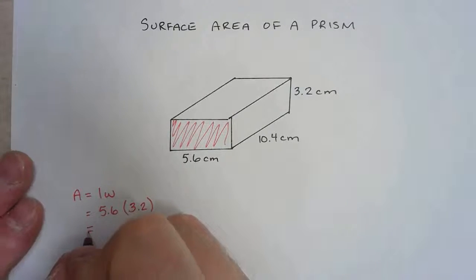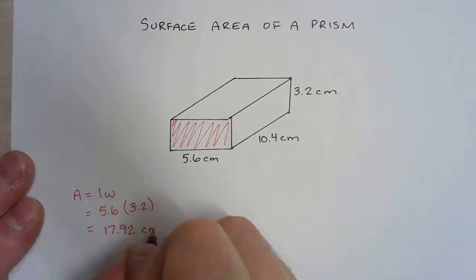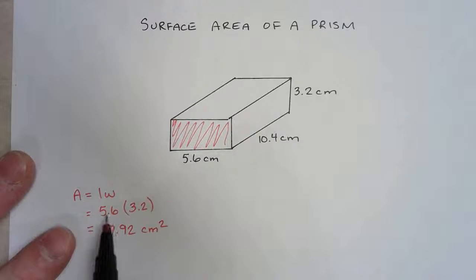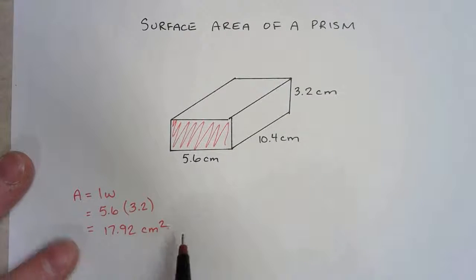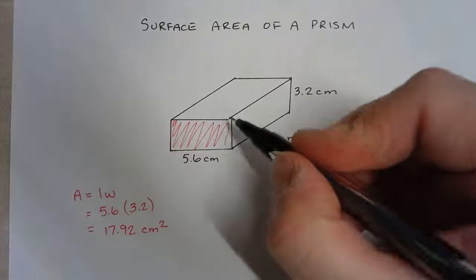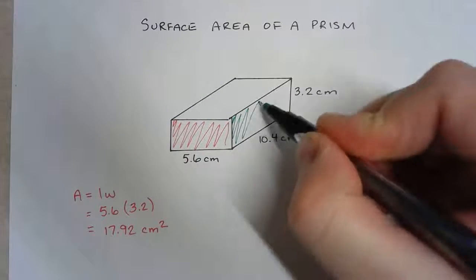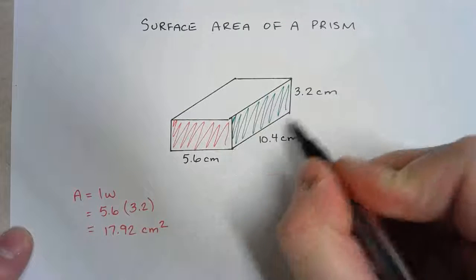And we're going to get a total of 17.92 centimeters squared. Because we're multiplying 5.6 centimeters by 3.2 centimeters, we get 17.92 centimeters squared.